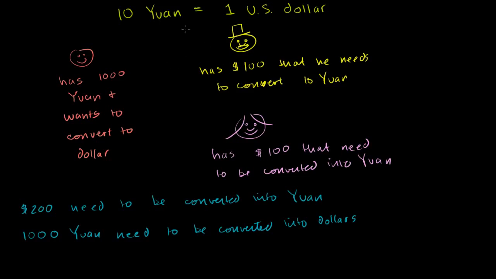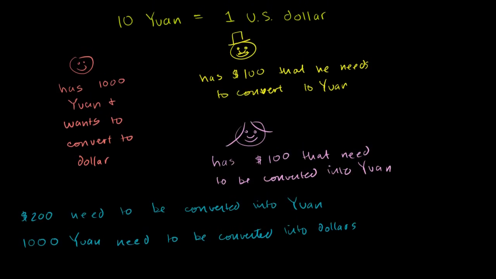All of these people might just go on the internet and look up the current exchange rate, or the last exchange that occurred, and say, hey, you know what? Me over here, this $100, I should be able to convert it into 1,000 yuan. But she also says I should be able to convert this $100 into 1,000 yuan. So they collectively think that that $200 can be converted into 2,000 yuan. So I'll put this in question marks.